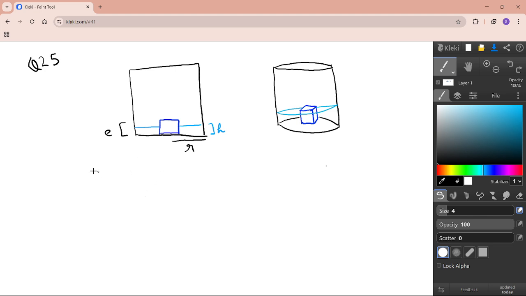Now, in the equilibrium condition, mg should be equal to the buoyant force, which is equal to the volume inside. We do not know what volume is inside, so this is the volume inside. Let me mark it with red.